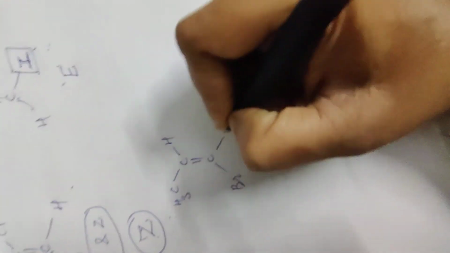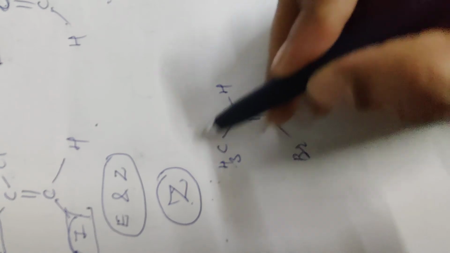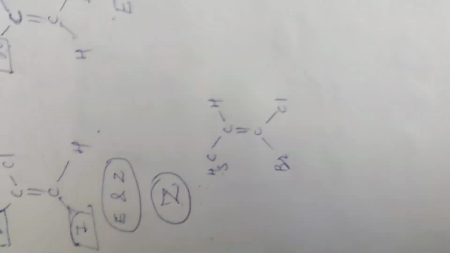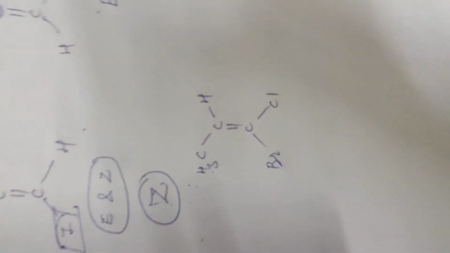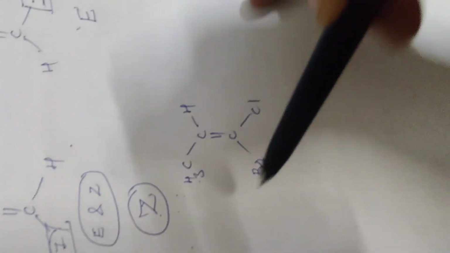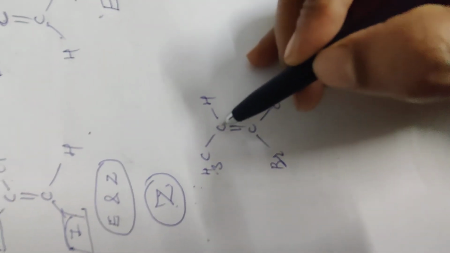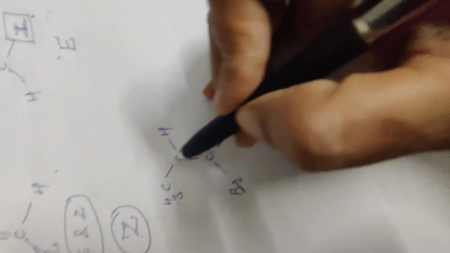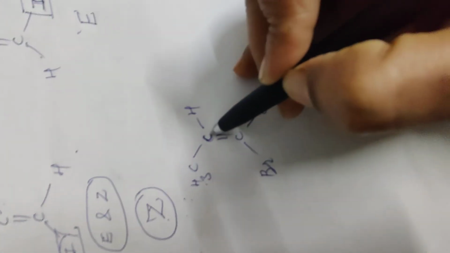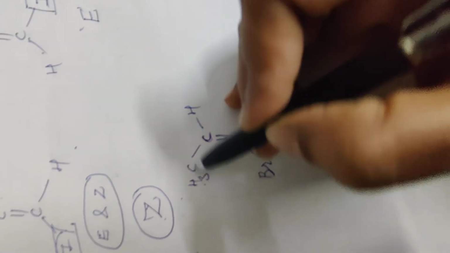Now another example we are having, suppose this is a compound. Don't confuse it with RS nomenclature, where we give priority 1, 2, 3, 4. Here in the EZ system of nomenclature, we just concentrate on one doubly bonded carbon atom and the atoms attached to it.